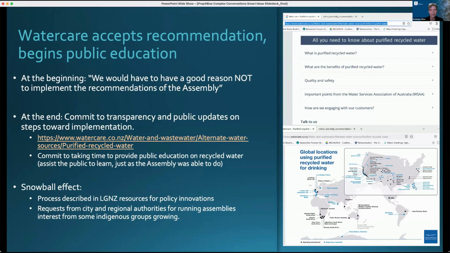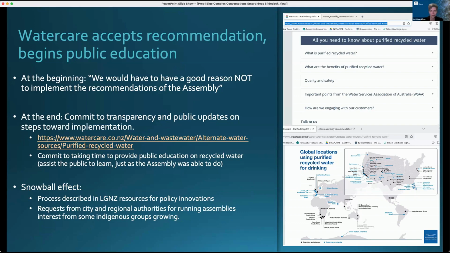And so when they heard that, that was the signal that WaterCare, the utility, was really taking this seriously. And then by the end, of course, it was just as measured an approach, I think, from WaterCare, saying, yes, we still believe that we'd have to have a pretty good reason not to implement this, after the deliberation and the learning and the consensus building that went on.